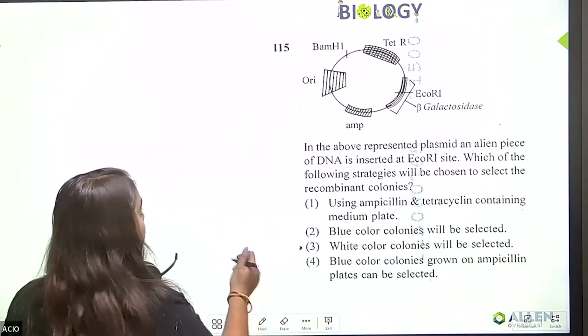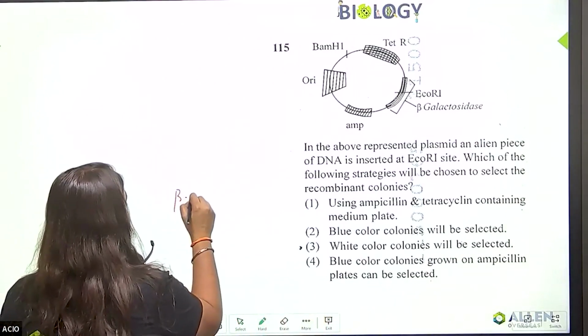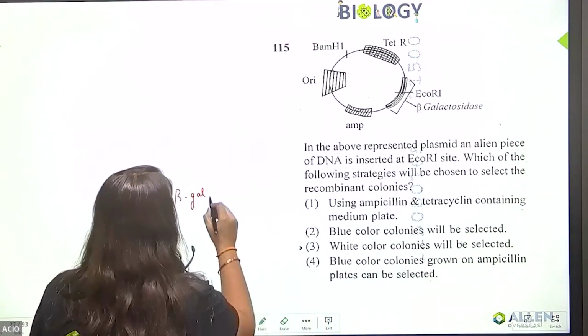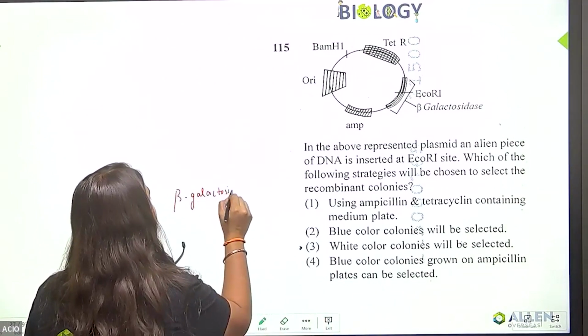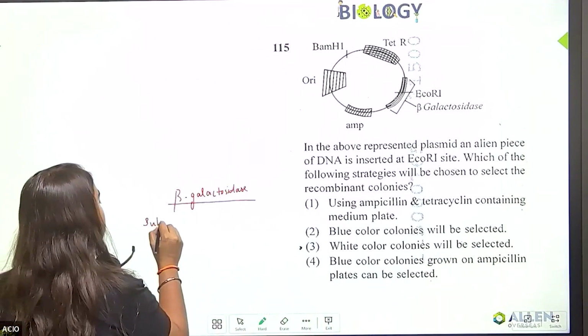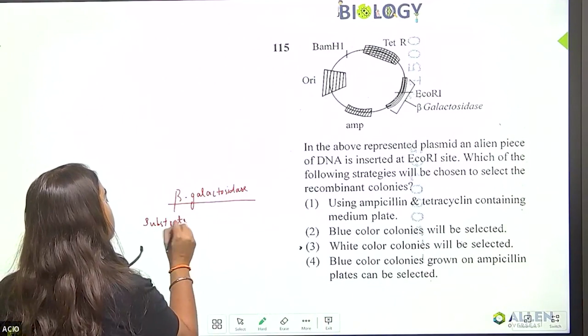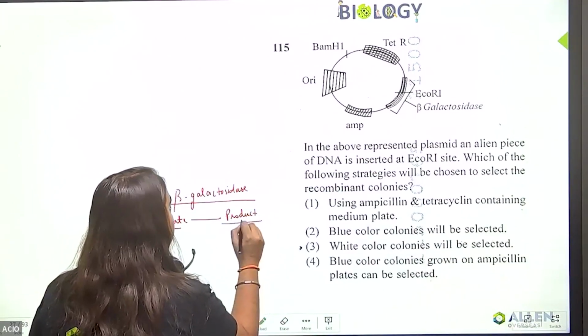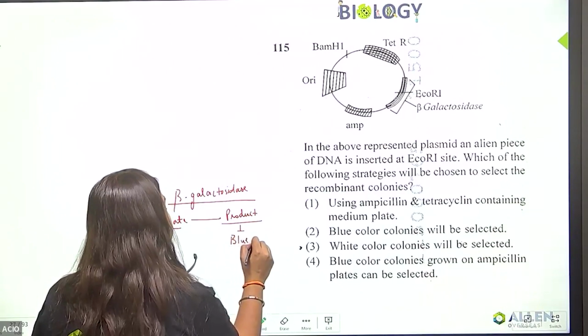You all know that beta-galactosidase is the enzyme. If it is present, it will convert the substrate to product, and the product will be blue color.